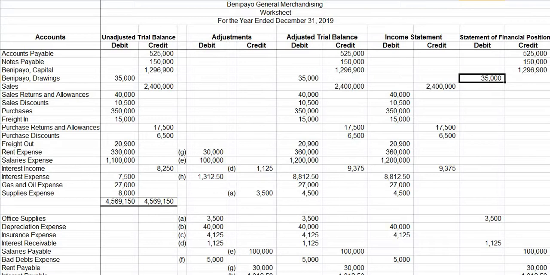And equity is found in the statement of financial position. That's why again, forward the amount of Benepayo drawings, which can be found under the debit column of the adjusted trial balance in the worksheet, to the statement of financial position, debit column, and not to the income statement.